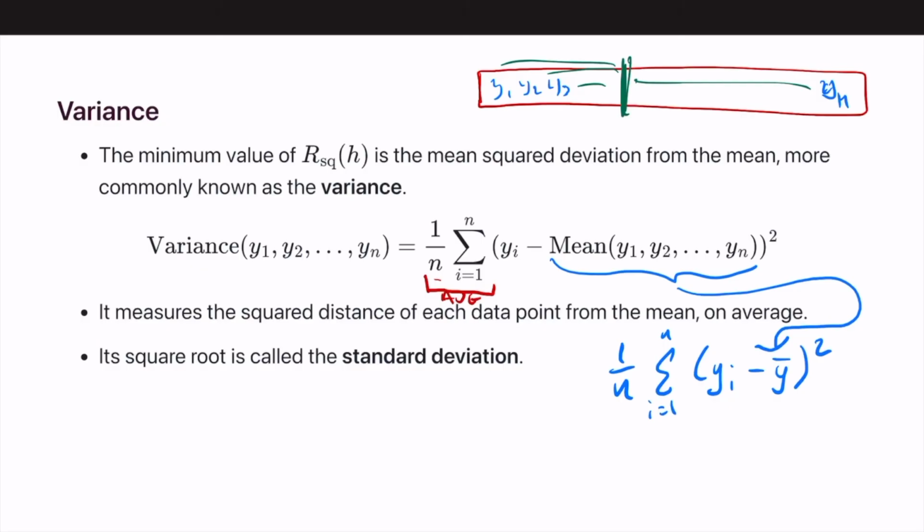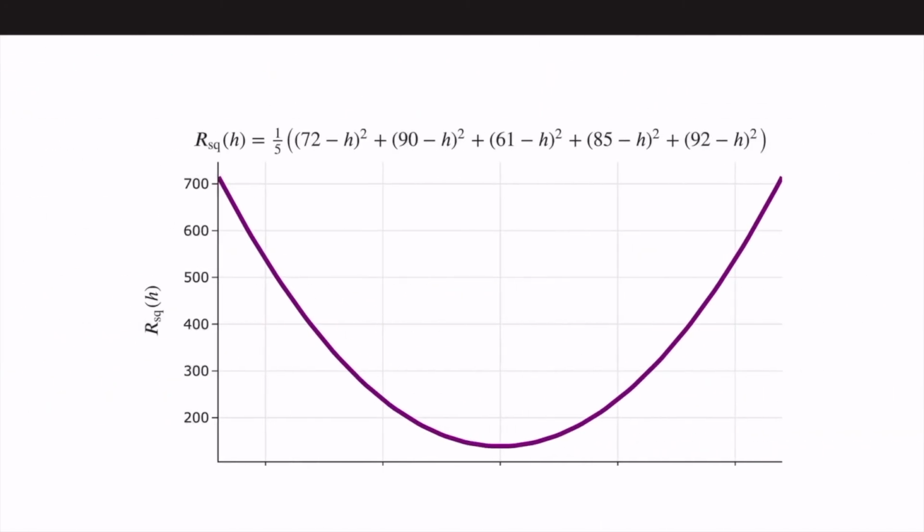But this is just a nice little thing that we can see. It's an interesting result. And this is our original data set that we were working with at first: 72, 90, 61, 85, and 92.